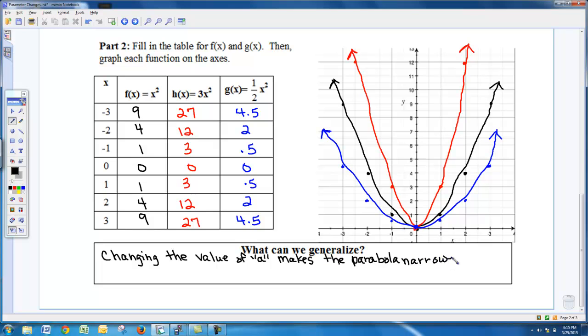And another way of saying that it's narrower is to say a vertical stretch. It's stretched vertically.